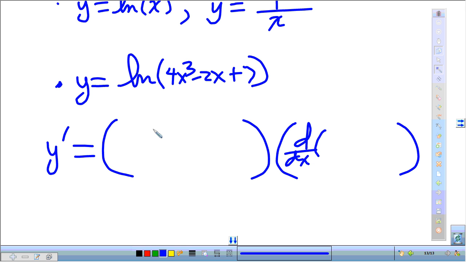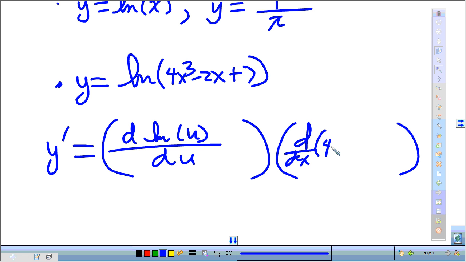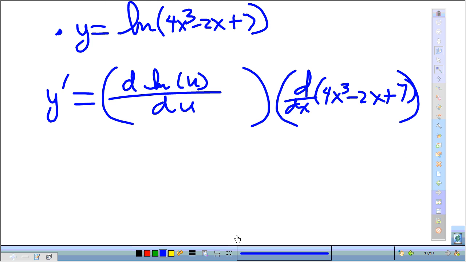We have the outside, which is the natural log. So we do its derivative and then multiply by the derivative of the inside, which is 4x cubed minus 2x plus 7.